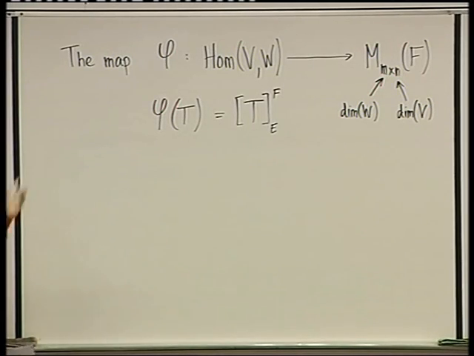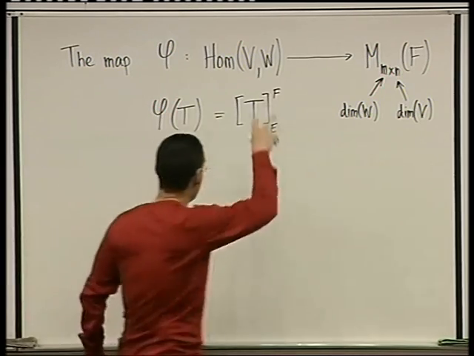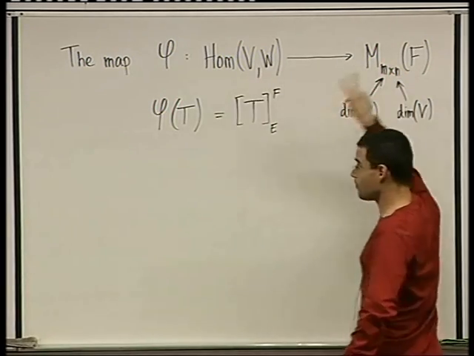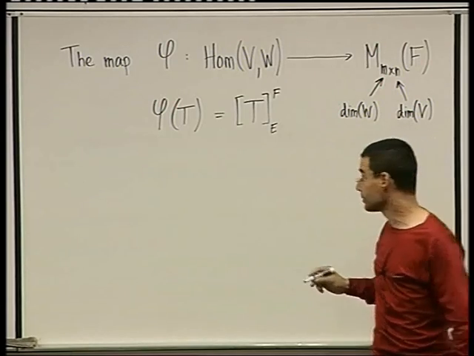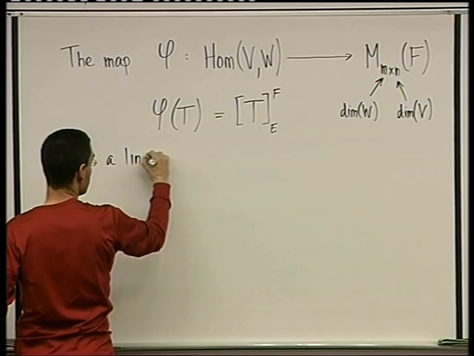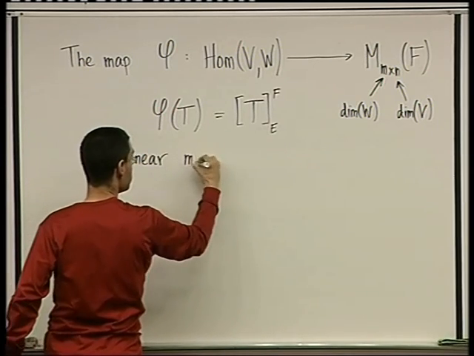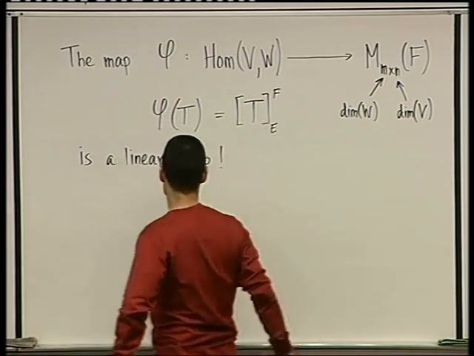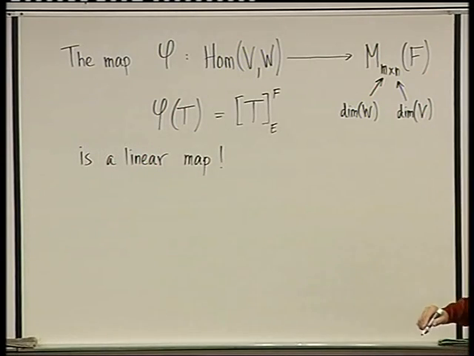E and F are data for this business. So this map between two vector spaces is a linear map. That's what we just argued.